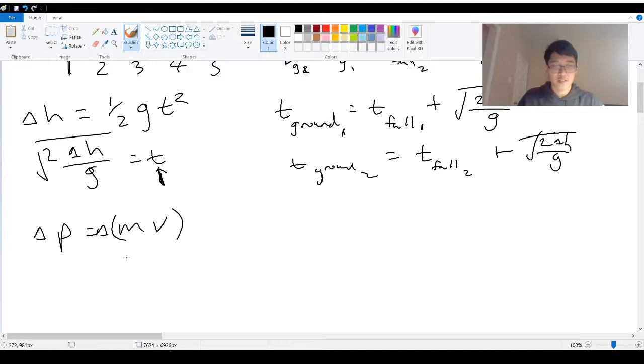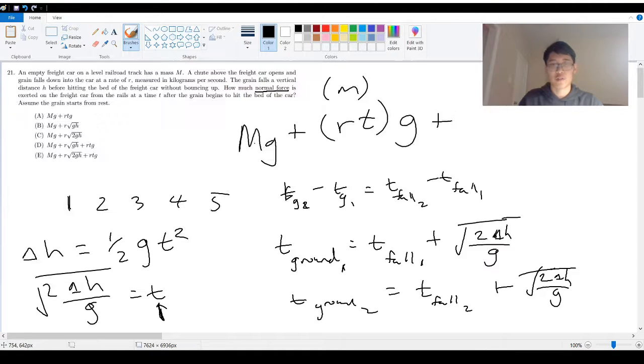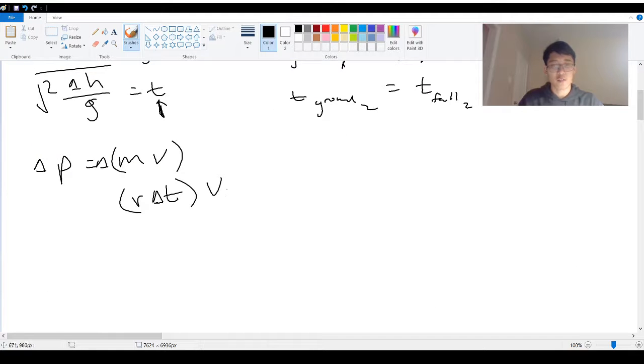The mass that is hitting the ground after a time t will just be R delta t. That's the mass that will hit the ground in that time. And what's the velocity? The velocity is changing from the initial velocity it has right before it hits the ground all the way to 0. So this is the change in momentum.